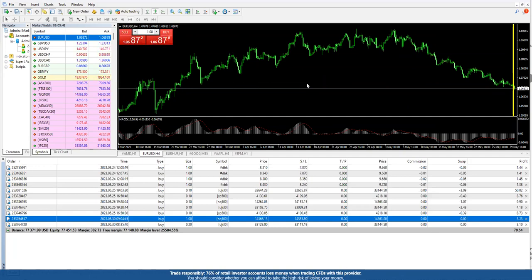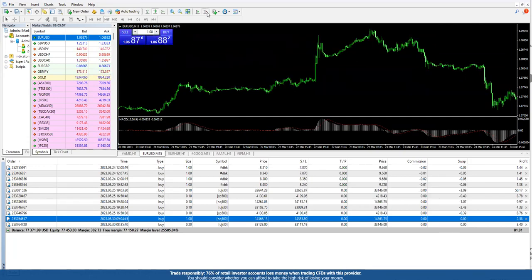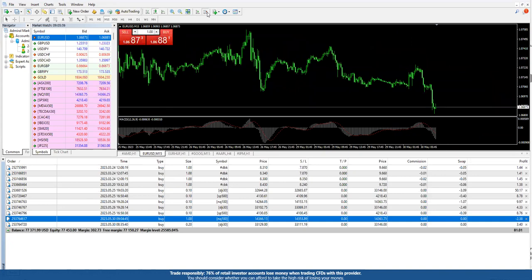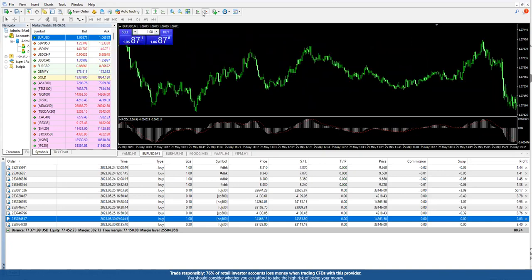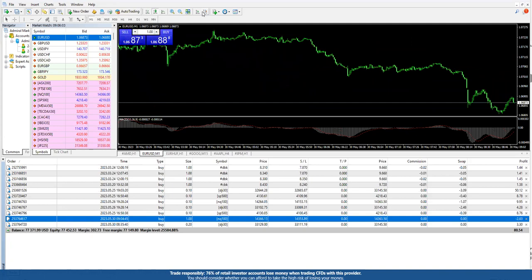So those who have short positions, maybe they started to close them partially using a trailing stop, but it's not time to buy euro dollar now. Maybe later today we will come back and start to buy. And you can see that on the M1 chart, this is unfortunately a bearish trend also.